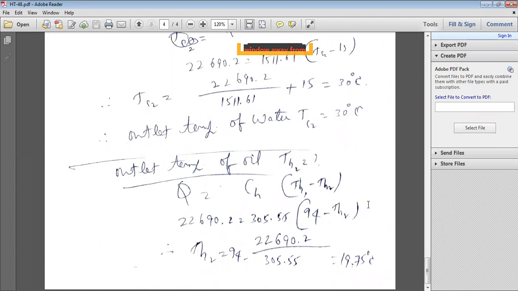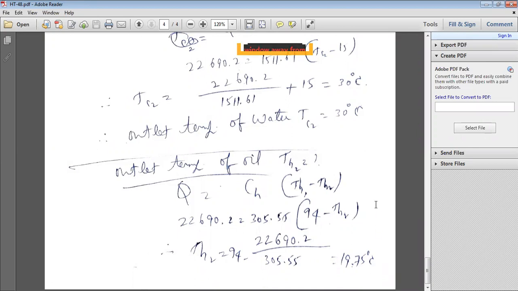Outlet temperature of the oil, that is the hot fluid. Therefore, TH2 is equal to 94 minus 22,690.2 divided by 305.55. If you calculate this, the outlet temperature of the oil, that is the hot fluid, is equal to 19.75 degrees centigrade.